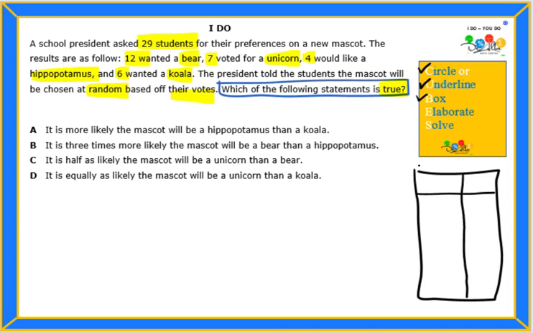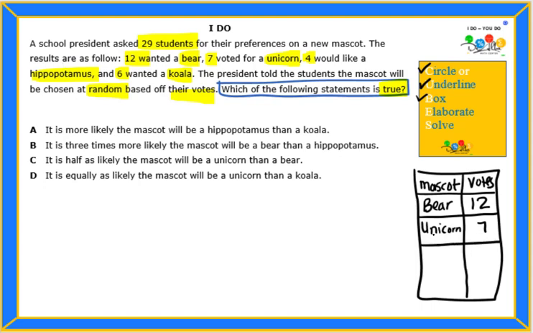So we're going to put here, this is our mascot choice, and this is the number of votes. So our first mascot was bear, and there were 12 votes for bear. And then we had unicorn, and there were 7 votes for unicorn.